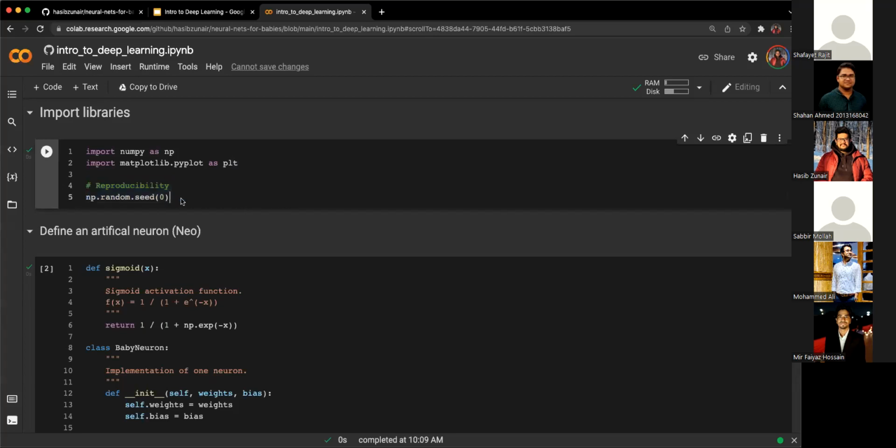np.random.seed, and I wrote here reproducibility. Why did I write that? What it does is every time I run this notebook, the random numbers being generated, and I'll explain why there are random numbers in the first place, are going to be the same every time you run this notebook.